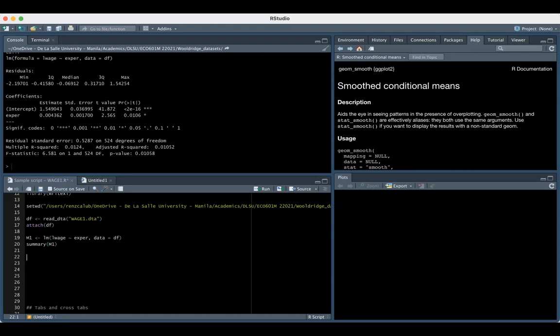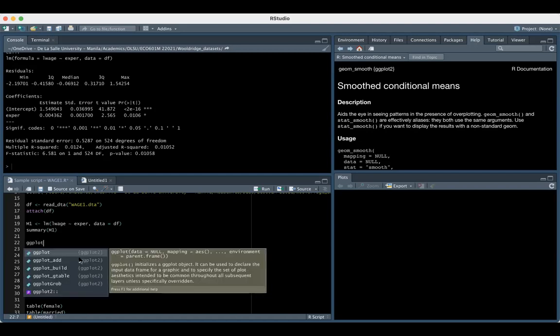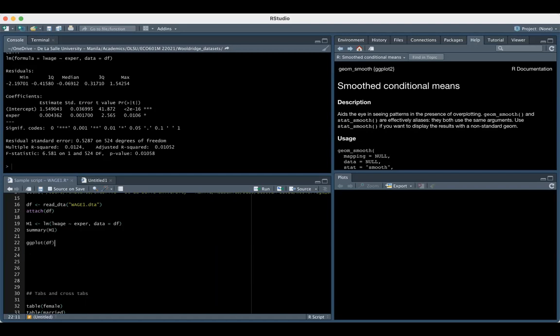Now, if you wanted to replicate the scatter plot that we did earlier, I admit that R produces a better plot than Stata. The graphing utility of Stata is a little old, I mean, old looking. So let's try to create a plot here. You have ggplot, and the data set.